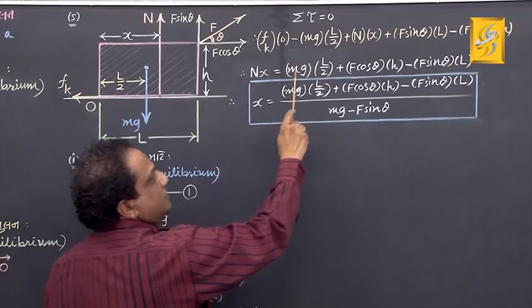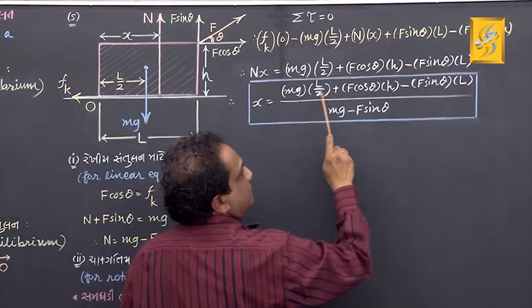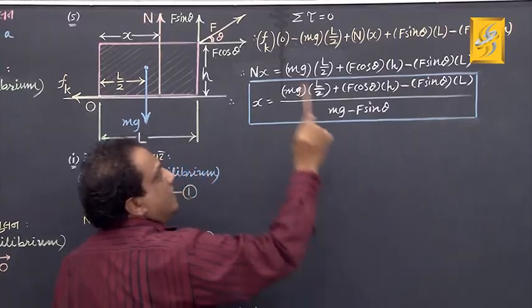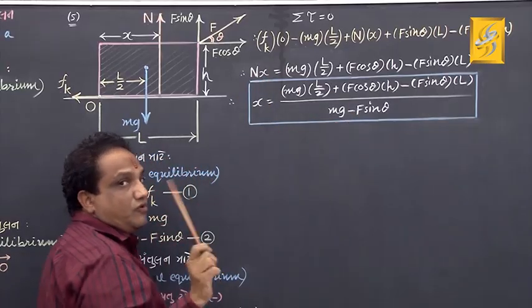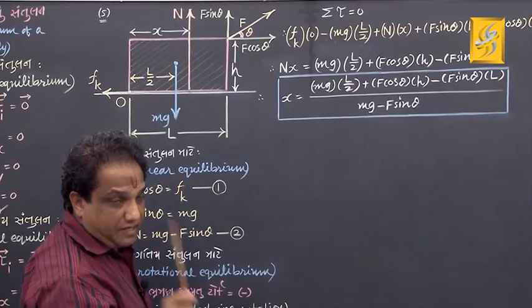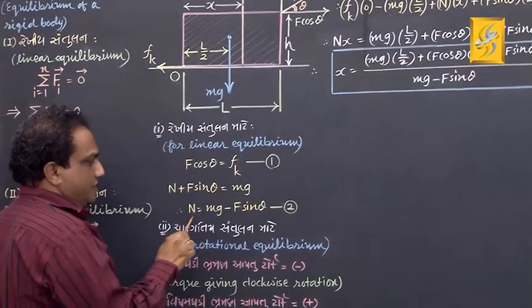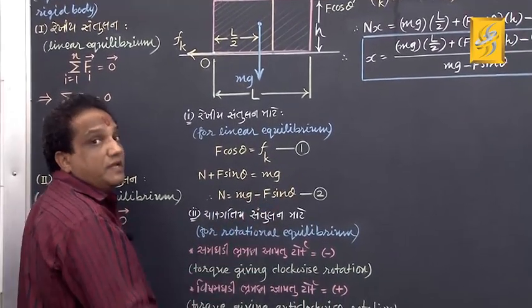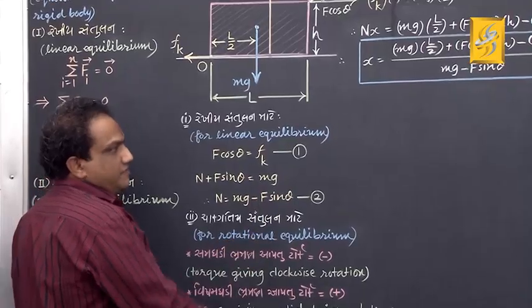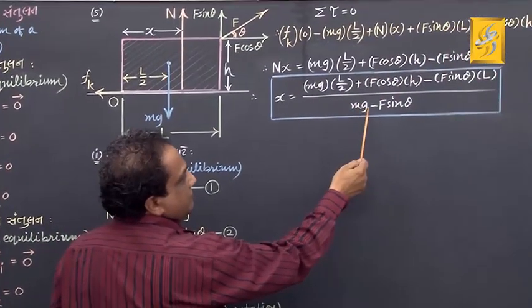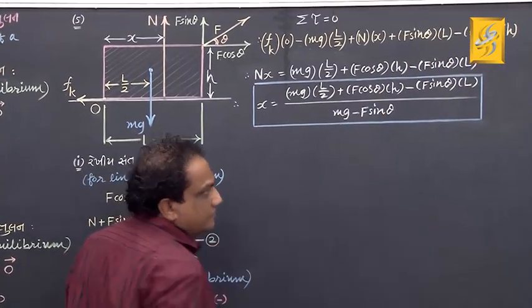All these terms in the numerator I have written as they are, and N will come down in the denominator. Capital N is mg minus F sin theta.